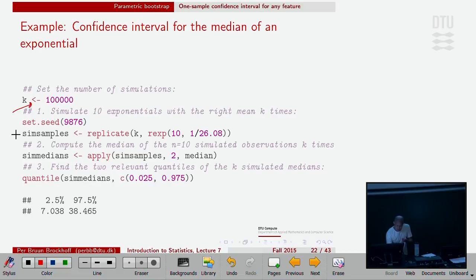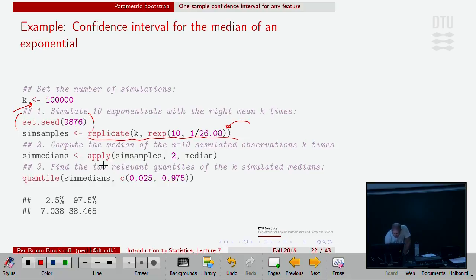Number of simulations, set the seed. This is exactly the same thing as before. 100,000 times I have 10 exponentials now with the right mean, the mean coming from the data, such that the exponential is the best possible exponential to match the data I have. That's the one I should use for this.